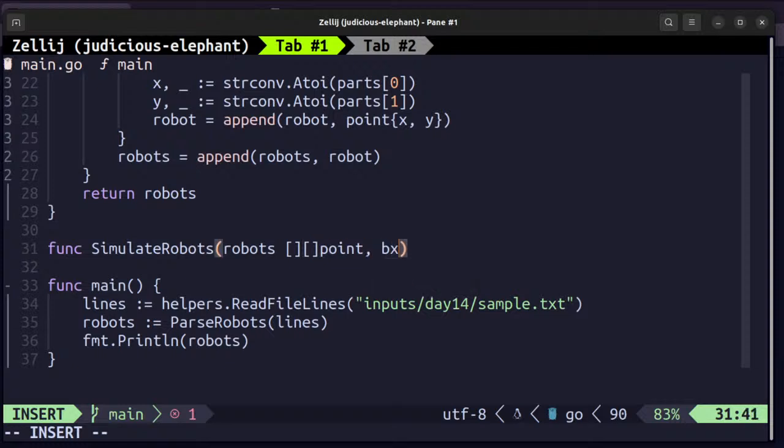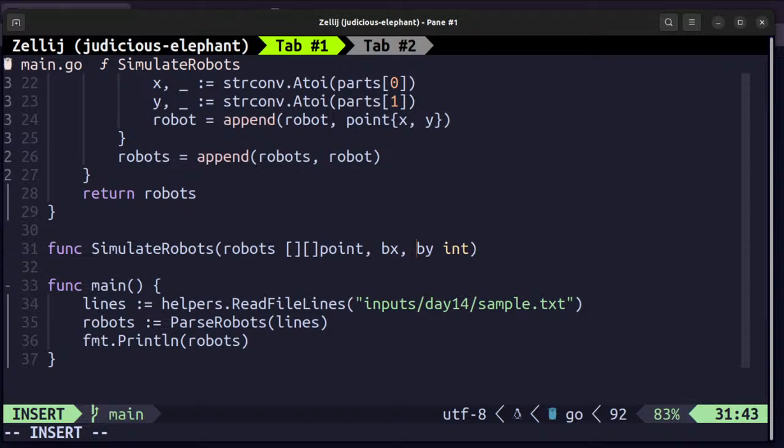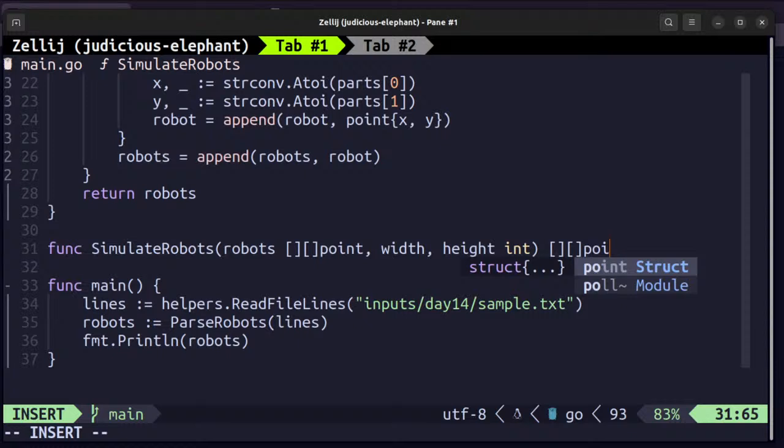So boundary x and boundary y will be integers. Let's call it width and height. And we will have a list of point, because we don't need the velocity at that point, so we'll just get the point.